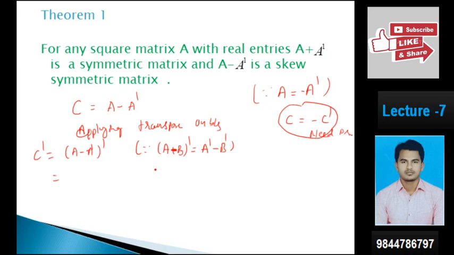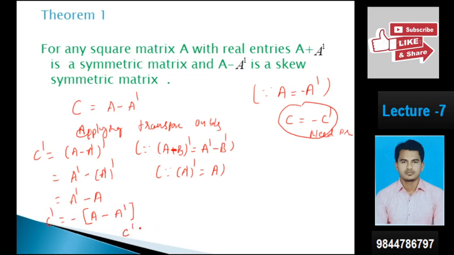So A dash minus (A dash) whole dash is equal to A dash minus, again we know the property (A dash) whole dash is equal to A. If we take minus as the common term, what we get here is minus of (A minus A dash). Be careful, minus common. This is my LHS, C dash.